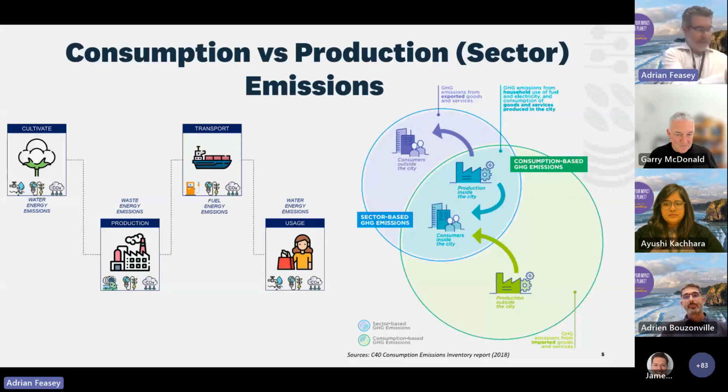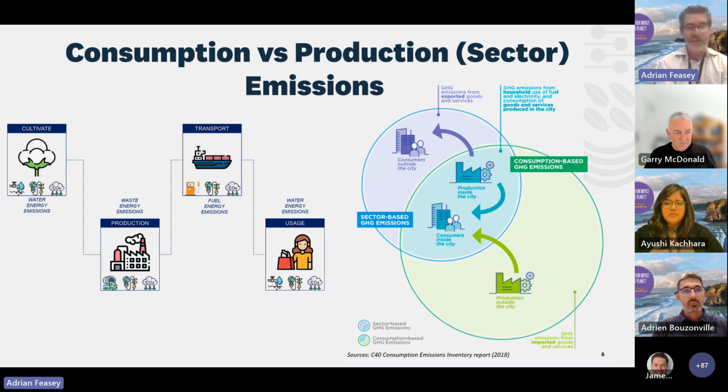Okay, so the emission factors we're presenting today are based on a consumption approach, so it's useful to clarify what we mean by this and why they're used. Many countries, regions and cities have developed production-based greenhouse gas inventories, and these focus primarily on greenhouse gas emissions from energy use within a geographical boundary through direct combustion, Scope 1 emissions, or consumption of grid-supplied electricity, Scope 2, as well as emissions from the treatment of waste.